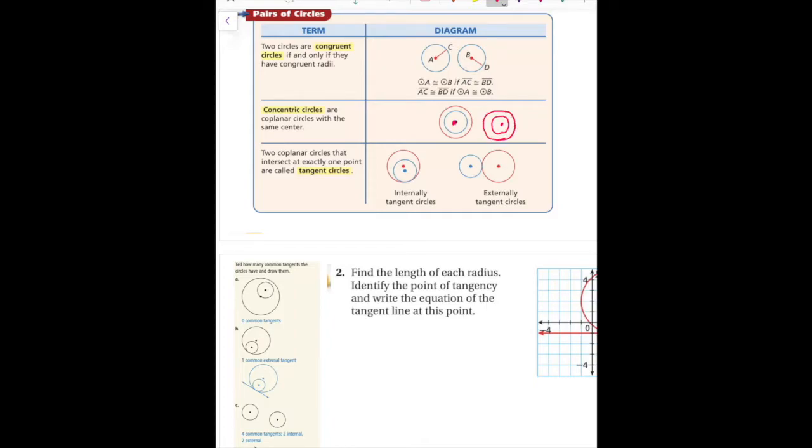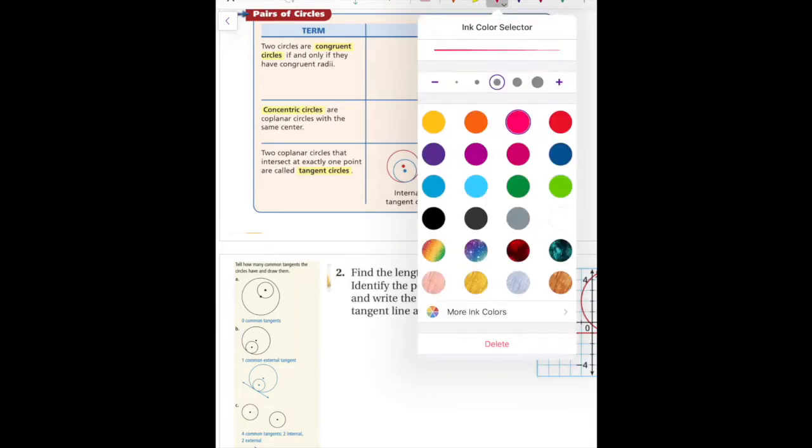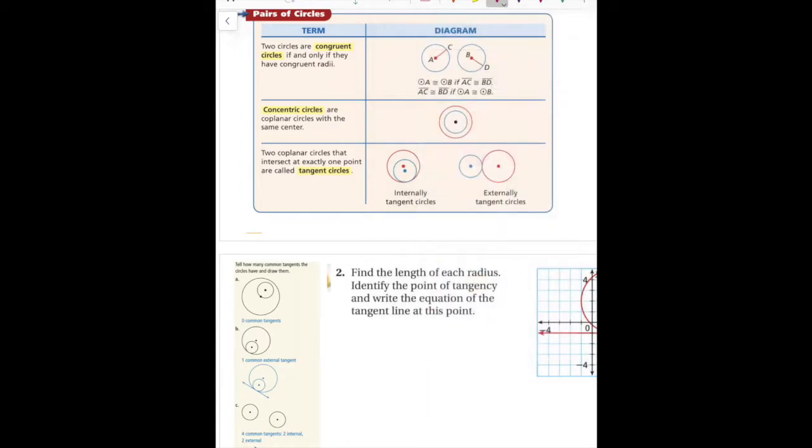Like this, and there is another circle there. They both have the same center. So concentric circles are circles with the same center and they lie on the same plane.